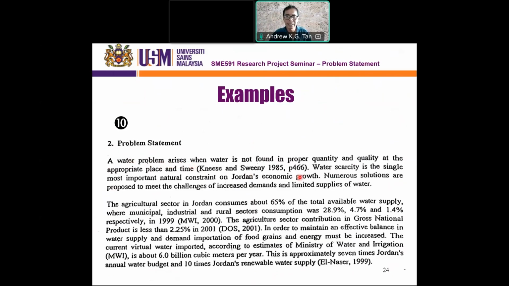Water scarcity is the single most important natural constraint on Jordan's economic growth, blah, blah, blah, blah. Statistics. Citations. Statistics, statistics, citation. Not yet finished for this student. The same problem statement.